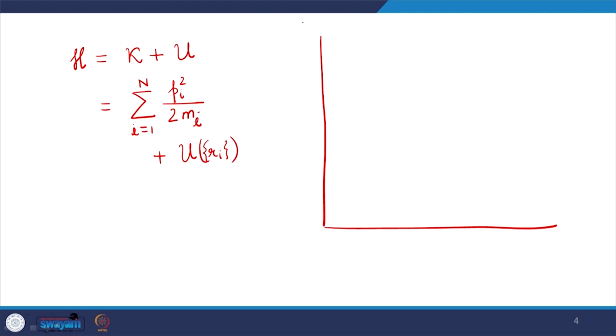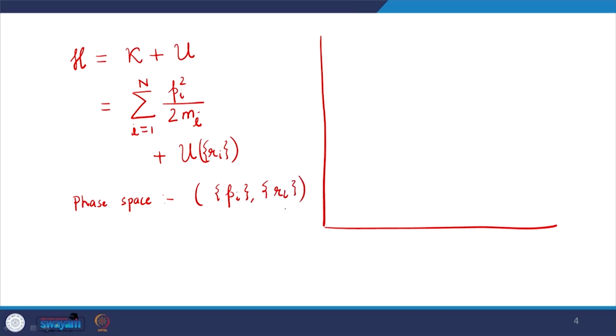Therefore, we can imagine that we have a phase space formed by these momentum values and these coordinates.